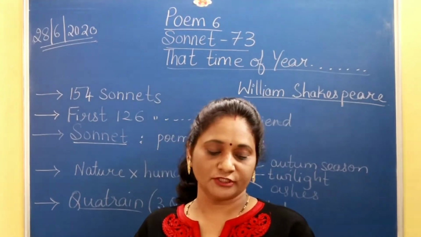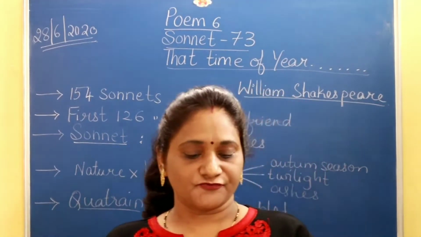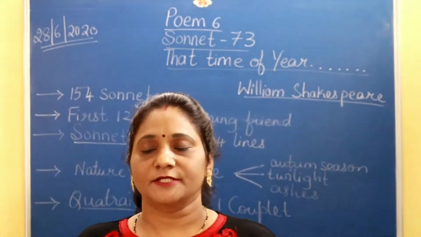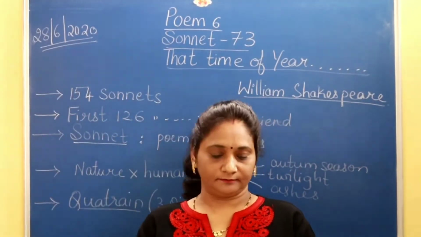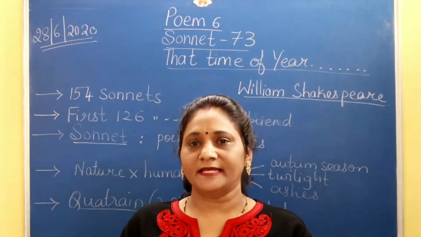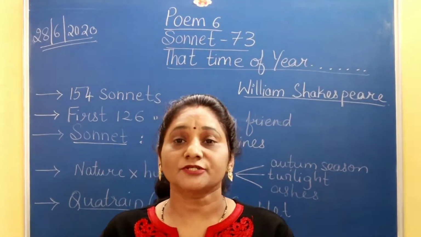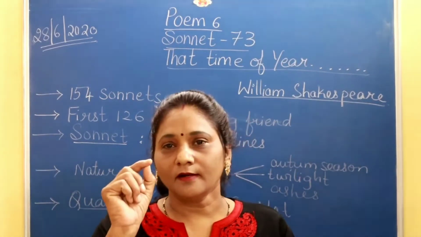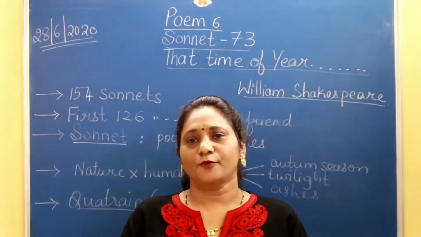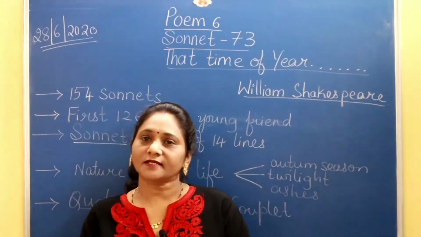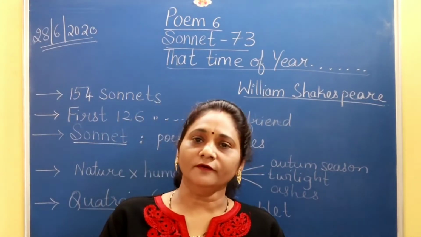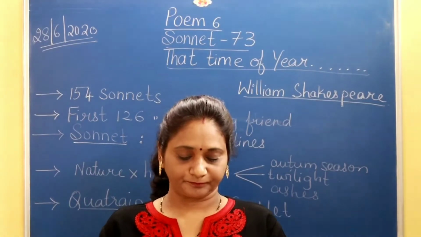The word sonnet is derived from an Italian word, sonetto, meaning a little sound or a little song. So the present poem, Sonnet 73, is a little song dedicated to the young friend of William Shakespeare.